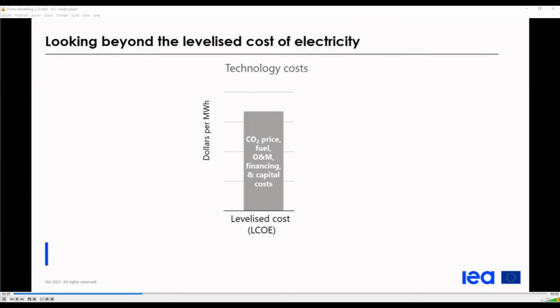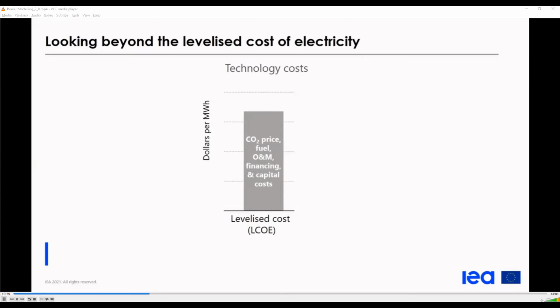It is using information from hourly modeling of electricity demand and supply so that we can have information on how the power system operates on the hourly level, but also prices.